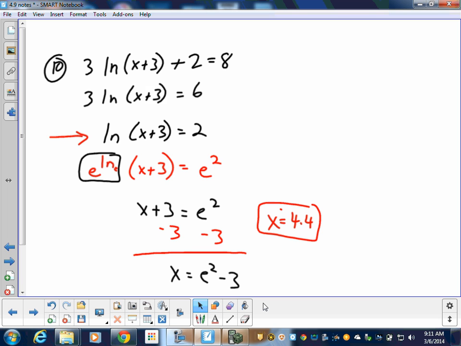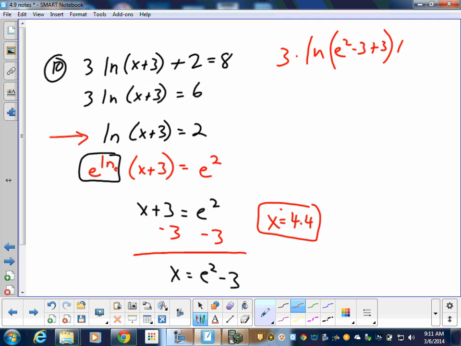If you plugged in 3 times natural log of e squared minus 3 plus 3 for x, I can really see how that gives me 8. So that's 3 times the natural log of e squared plus 2.